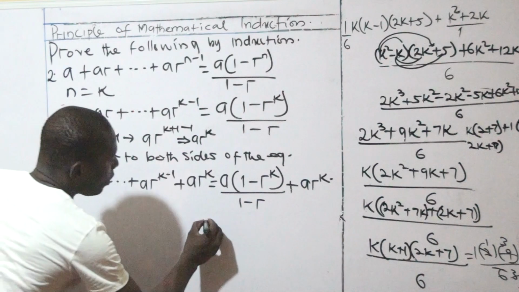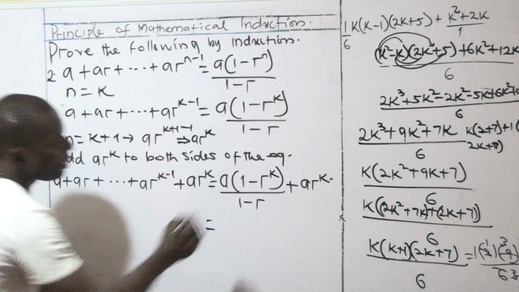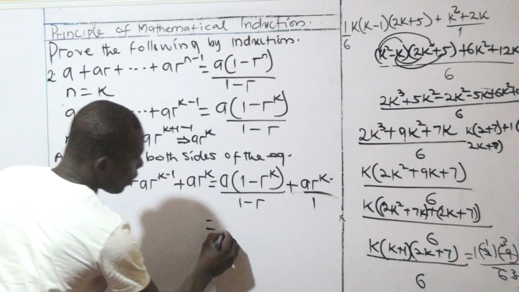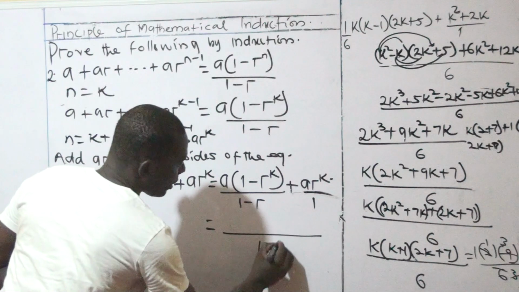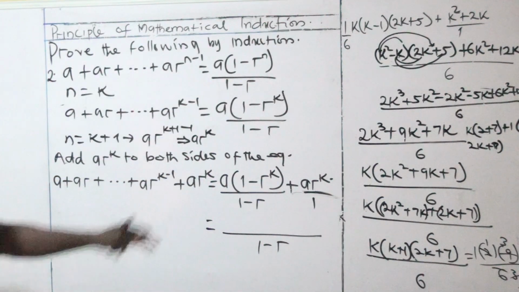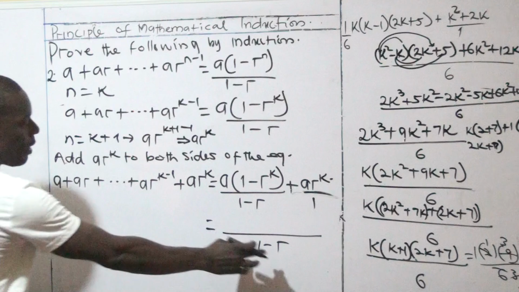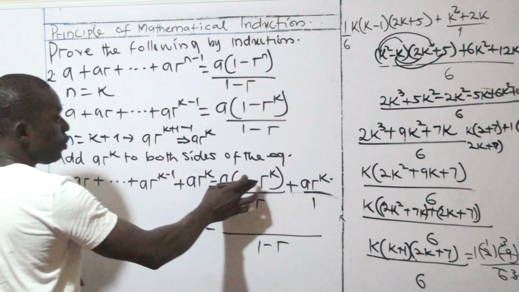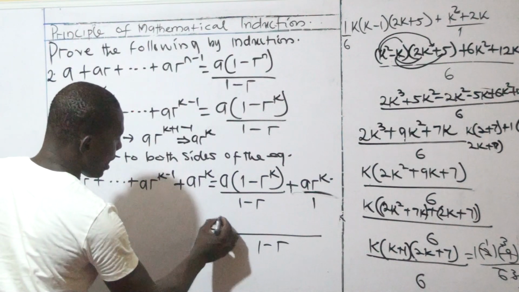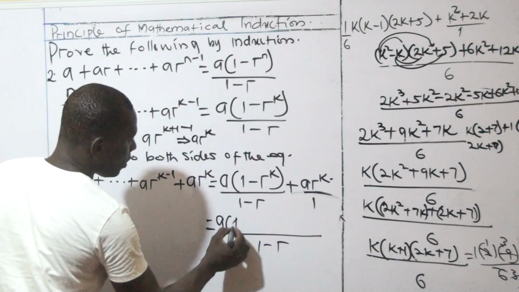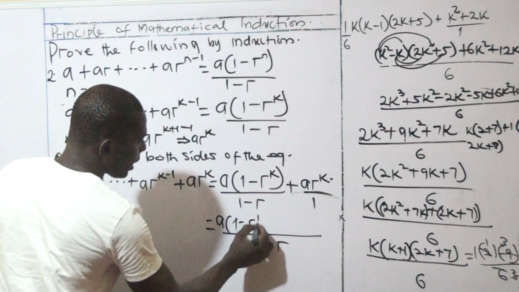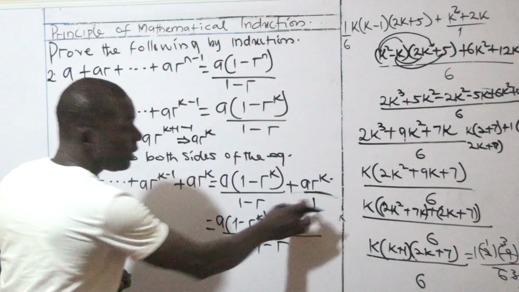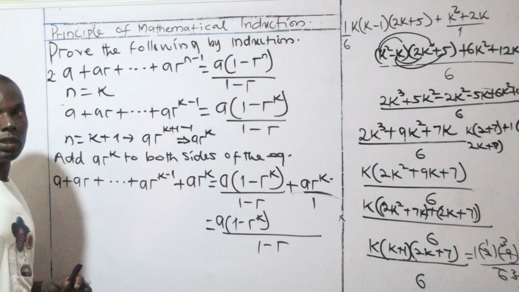So let's look at this. If you look at it, this is over 1. So the LCM of this expression is 1 minus r. So 1 minus r divided by 1 minus r is 1. So use the 1 to multiply this quantity. So we have here a(1 - r^k). Then 1 minus r divided into this will give you this term, 1 minus r.